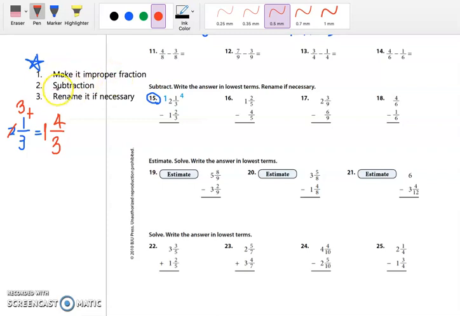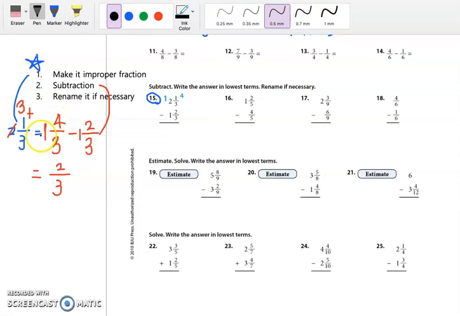Now step number 2, I'm going to subtract. Now take away my second fraction, which is 1 and 2/3. This is my second step. This is my first step. And my answer is 2/3.